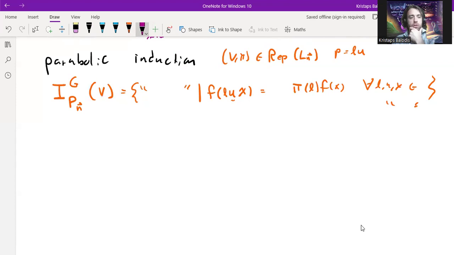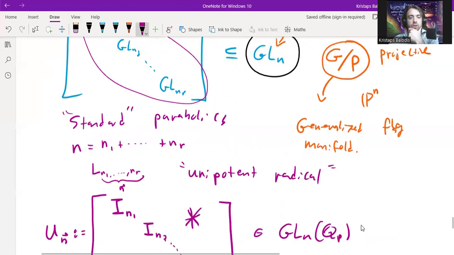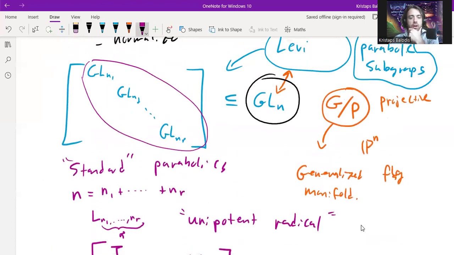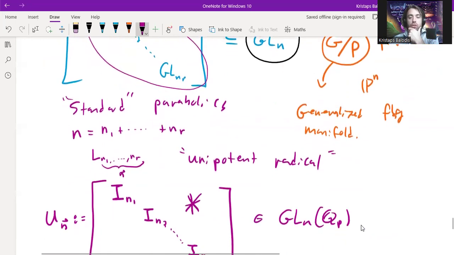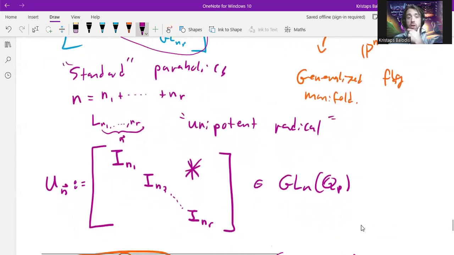So in particular, the Borel subgroup, this is, so remember, if I scroll up, we've got our, oh, I forgot to tell you. Those are the standard parabolics. There are other parabolic subgroups, but they're all conjugate to a standard one.